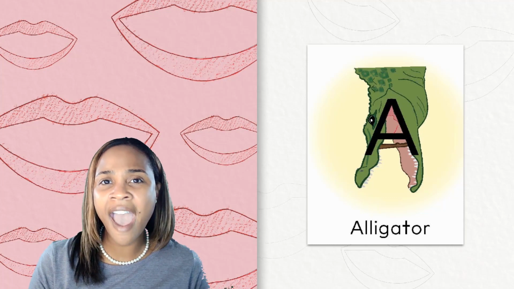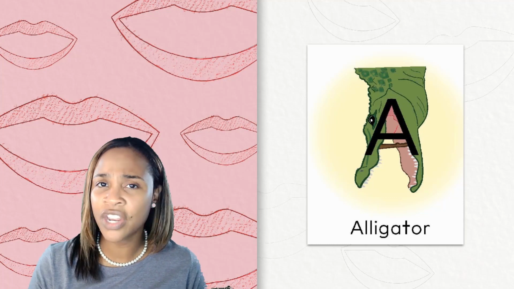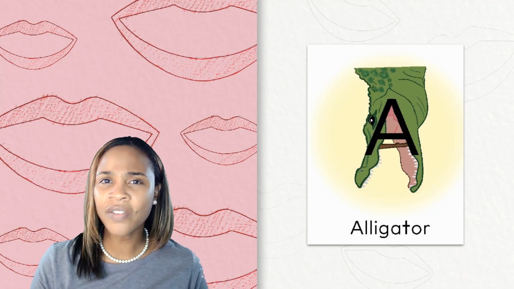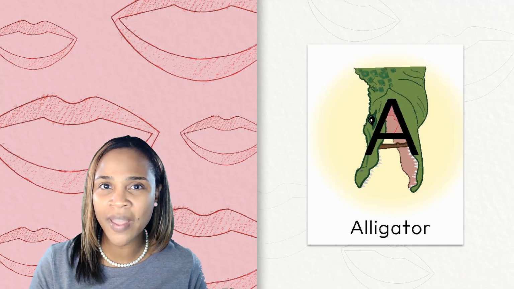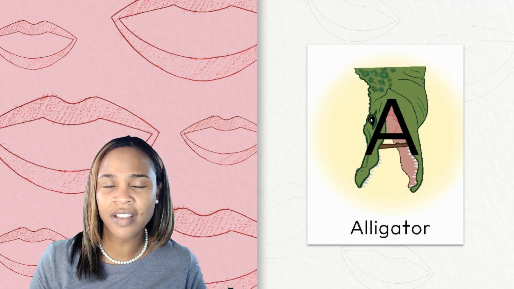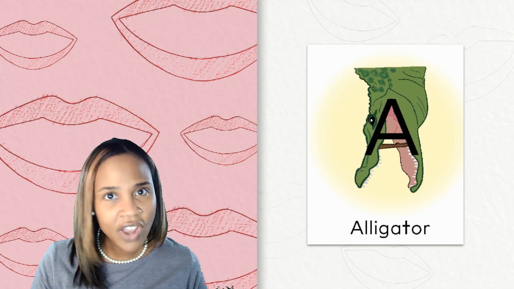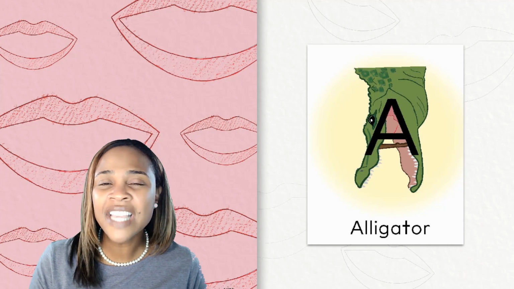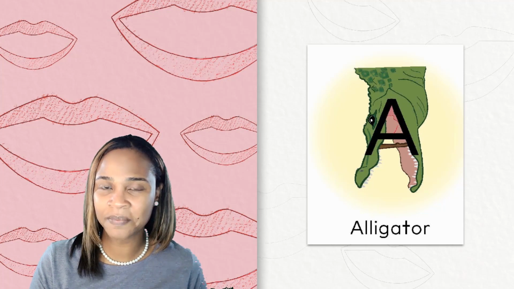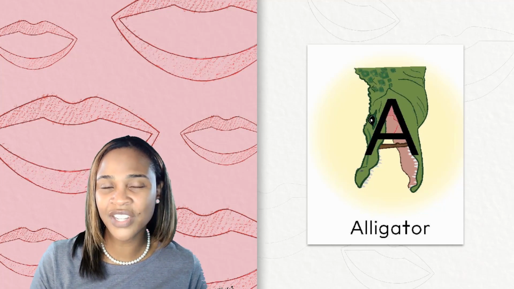See how the A sounds when you say it in your mouth. A. Remember, our mouth is wide open and our tongue is pushed down. A. You try to make the A sound and see if your mouth does the same thing. A. Your turn.